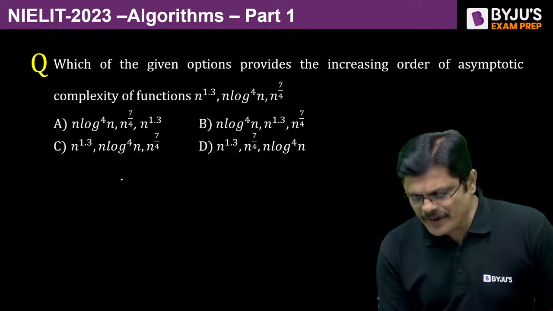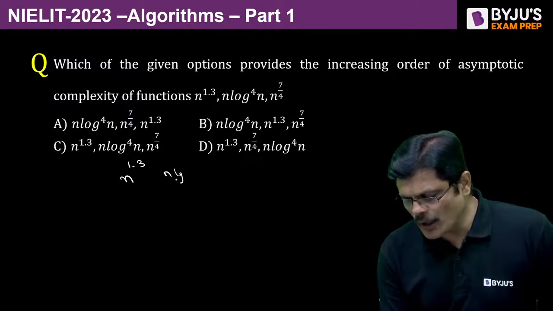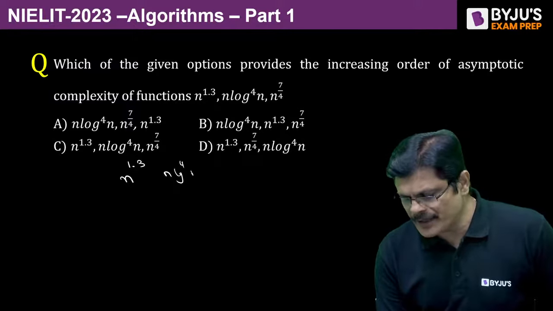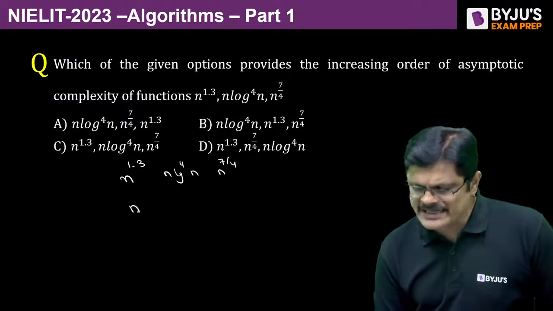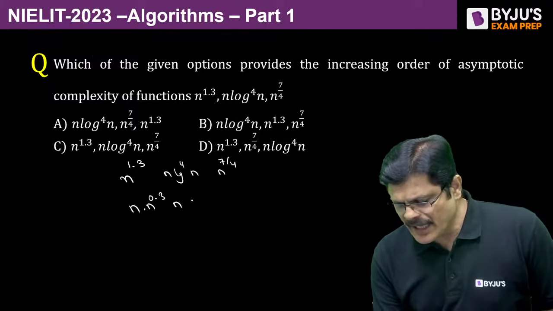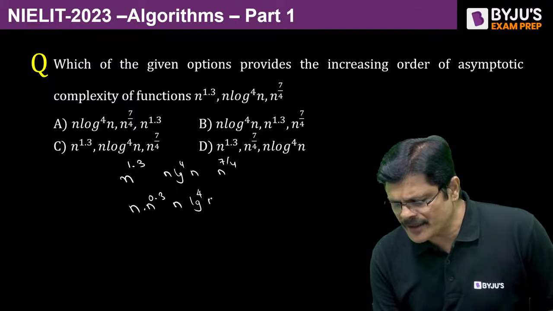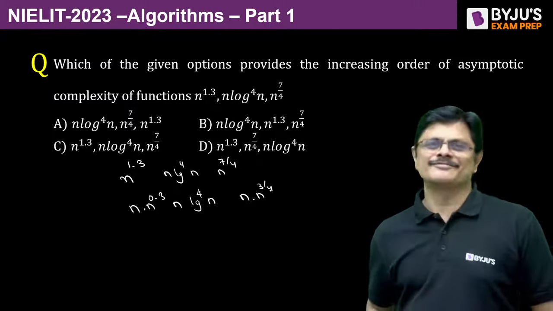See, my dear friend, whenever you find n power 1.3, n log power 4 n, n power 7 by 4, you can write it as n into n power 0.3, n into log power 4 n, n into n power 3 by 4.